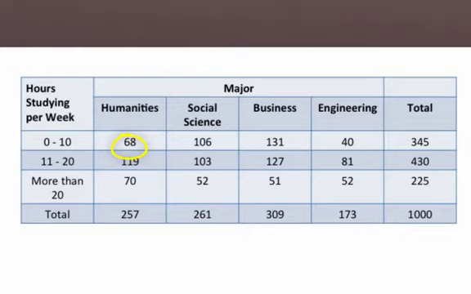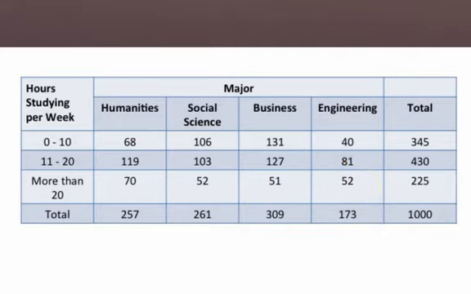To get the expected frequency for this specific cell, I take the total of that row times the total of that column, and divide it by the grand total. That gives me the expected frequency. If I want the expected frequency for the cell more than 20 hours per week in engineering, I take the total for the row times the total for the column, and divide it by 1000. That's how I would do it.